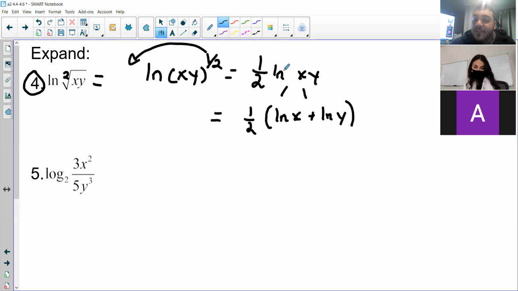Because it's 1/2 times ln xy, I need to show it. It's 1/2 times (ln x plus ln y). So I need parentheses. Big hint, if you have parentheses here, you're very likely going to end with parentheses there.